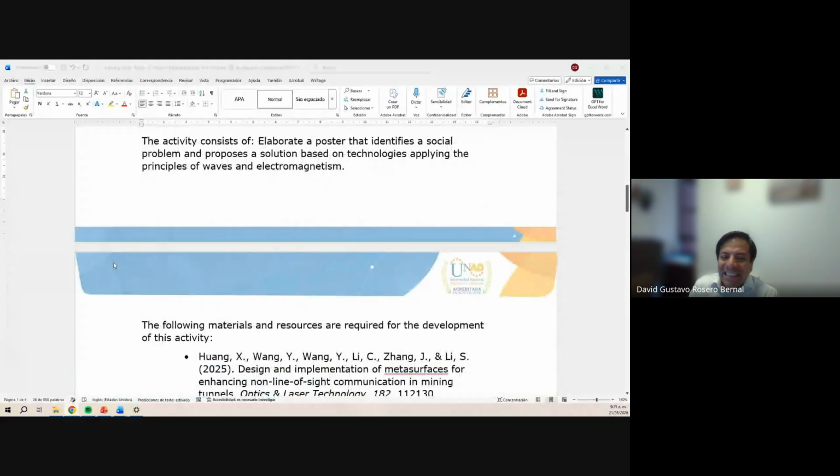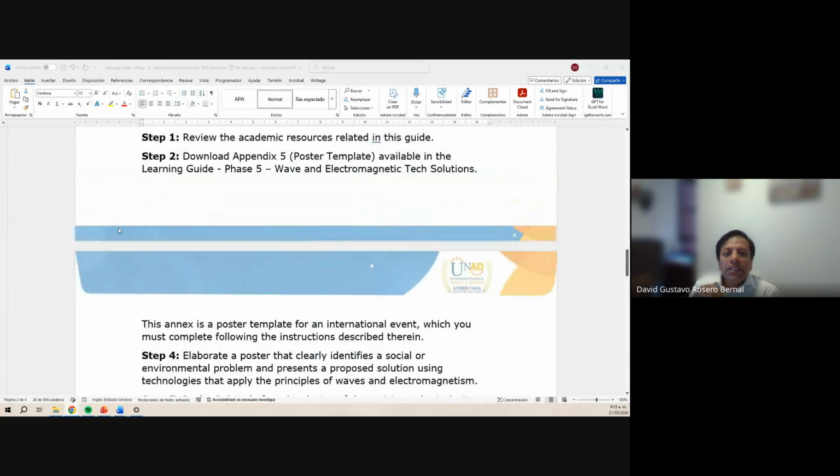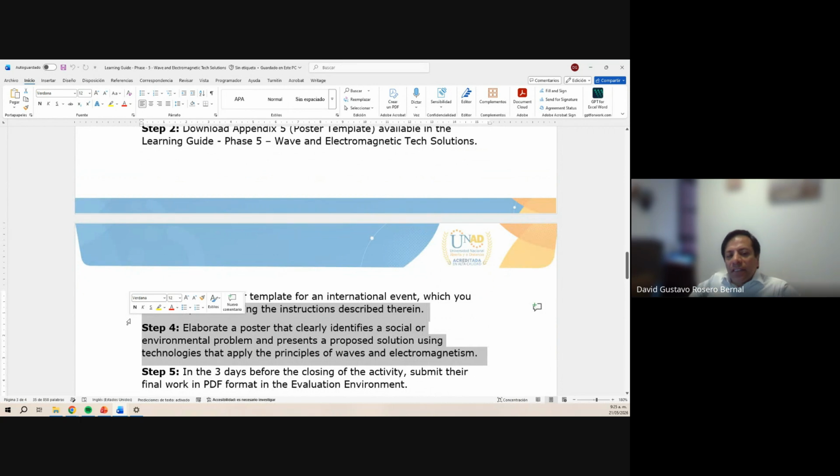What exactly are you building? The core deliverable is described very clearly in the guide, which is to elaborate a poster that identifies a social problem and proposes a solution based on technologies applying the principles of waves and electromagnetics.